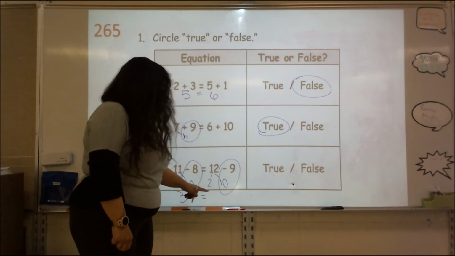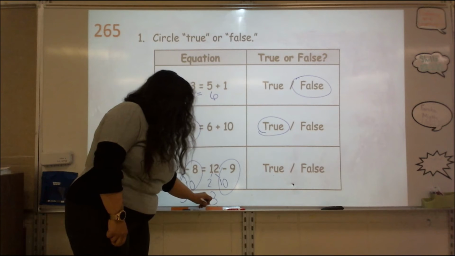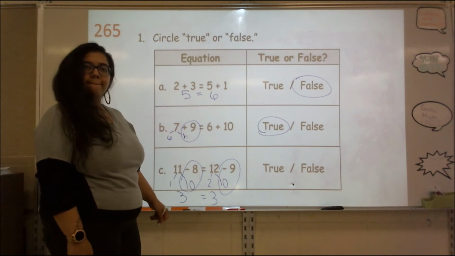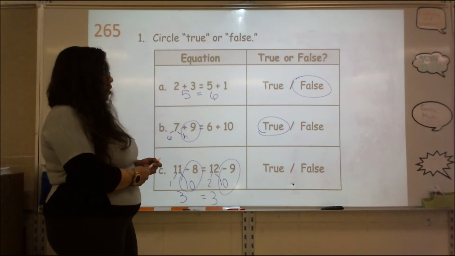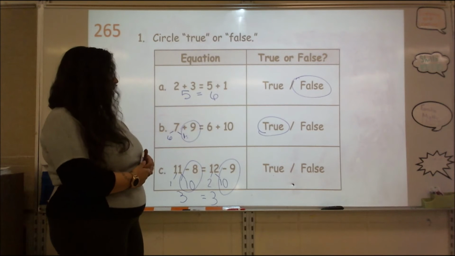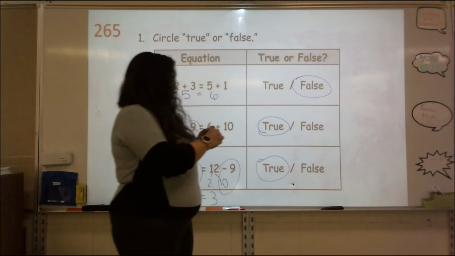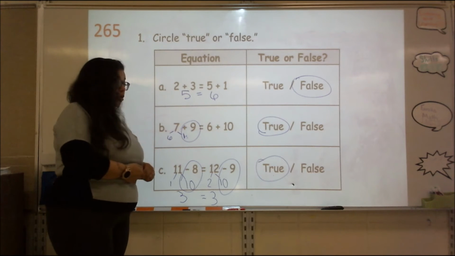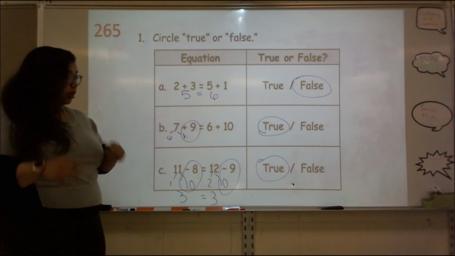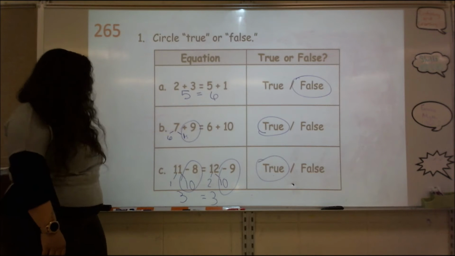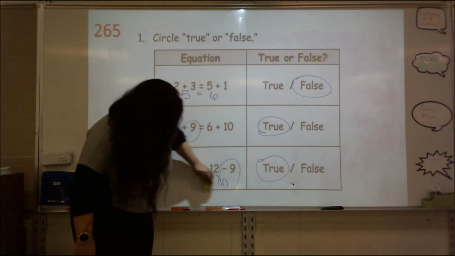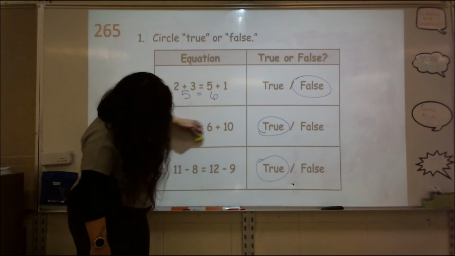And 1 plus 2 is 3. Is 3 equal to 3? 3 is equal to 3, which means 11 minus 8 is equal to 12 minus 9. This is also true. Don't believe me? Draw a picture. All right, let's do a couple more examples before I send you on your way.